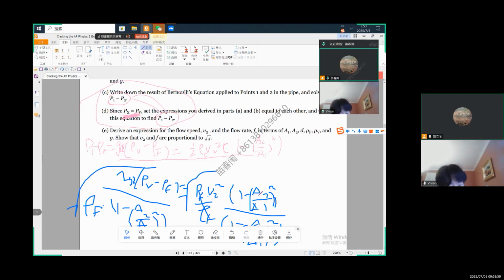That's 2 V2, GDPF, rho V minus rho F over rho F, and 1 minus, yes, this is V2.